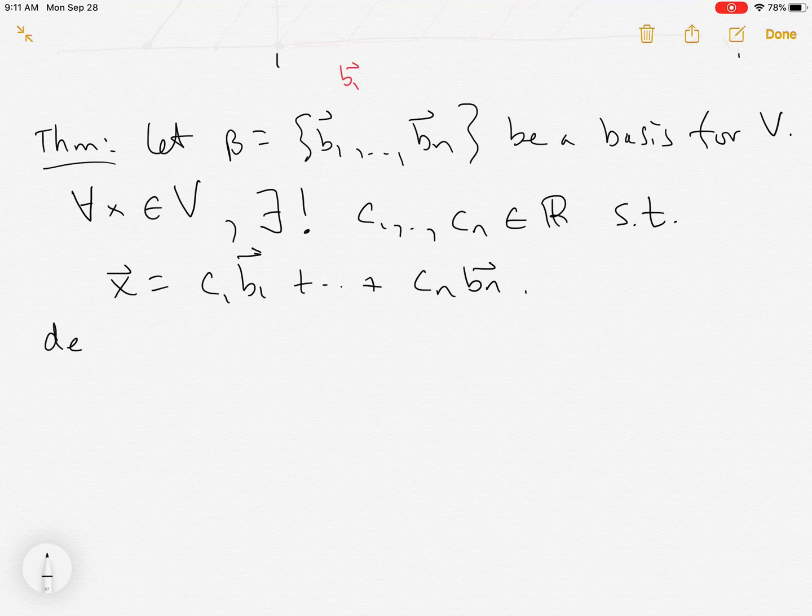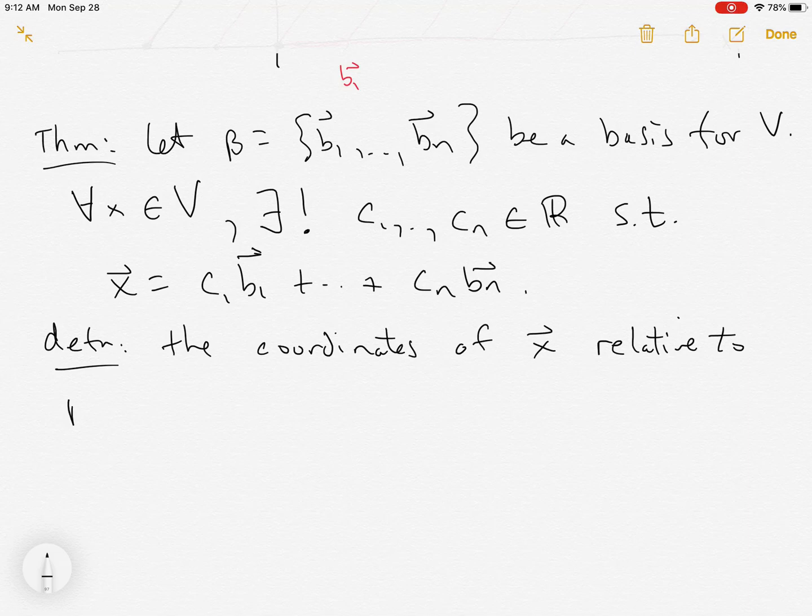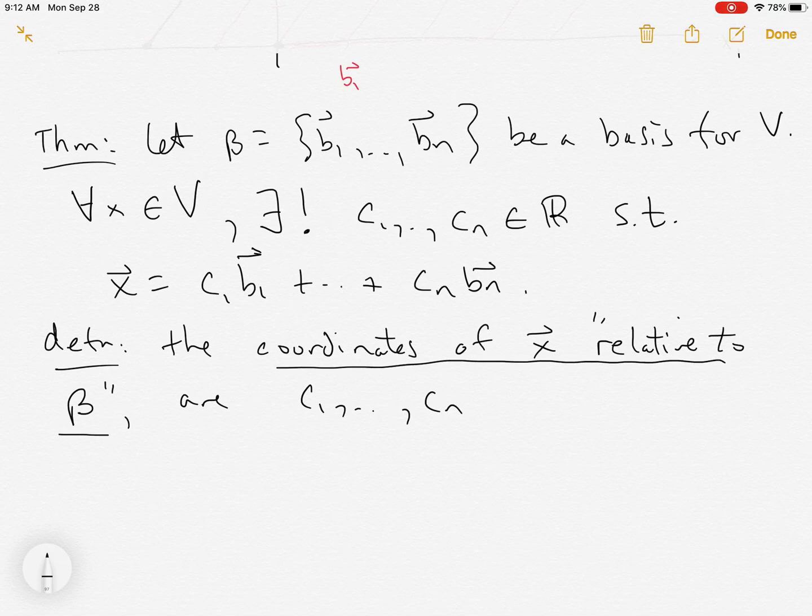Okay. Now, here's this definition. The coordinates of x relative to the basis, I'm going to put that in parentheses or quotes, are the weights C1 down to Cn. So the coordinates of x relative to the basis we're talking about are the weights, and so we write this as a vector in Rn.